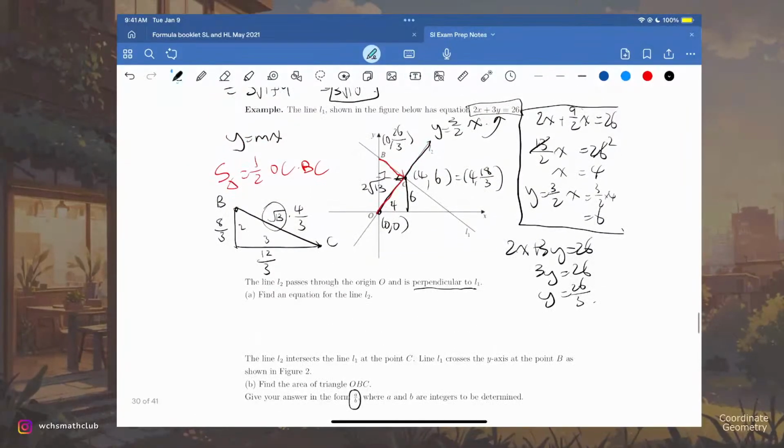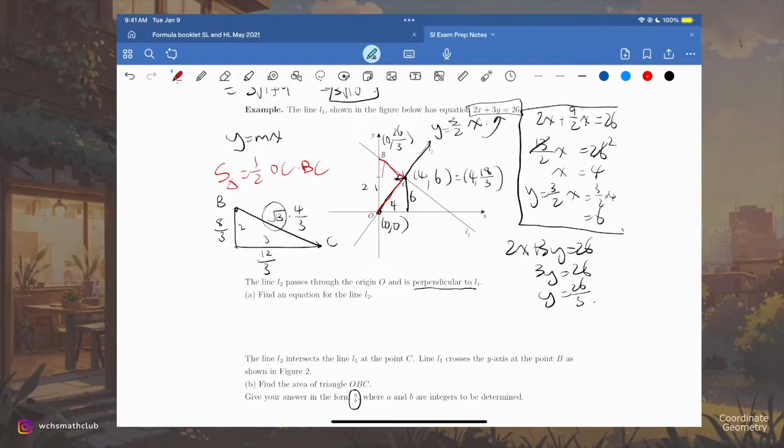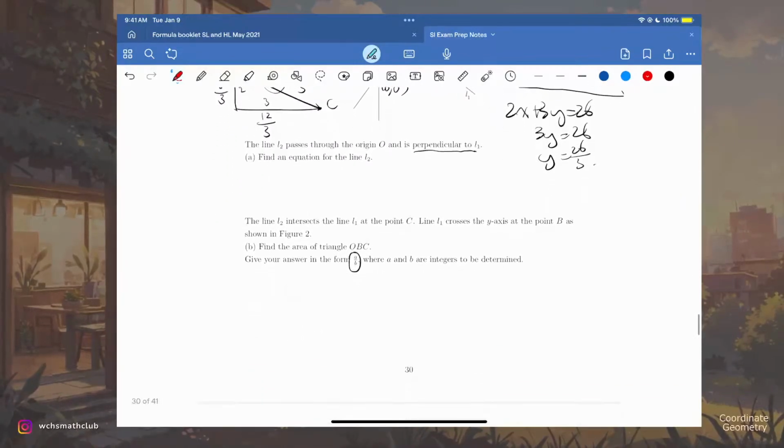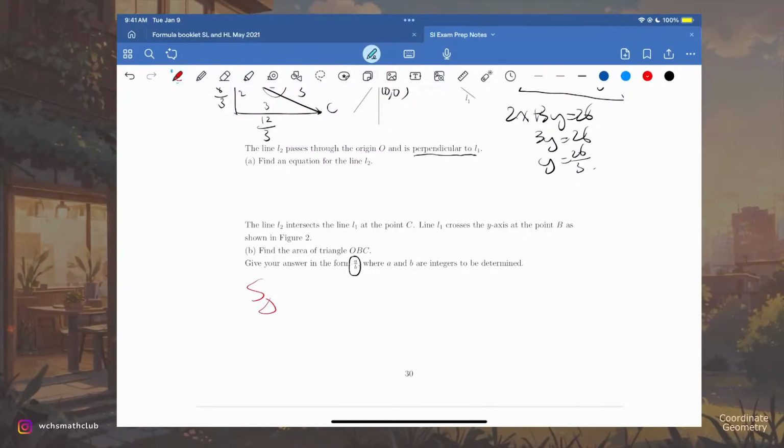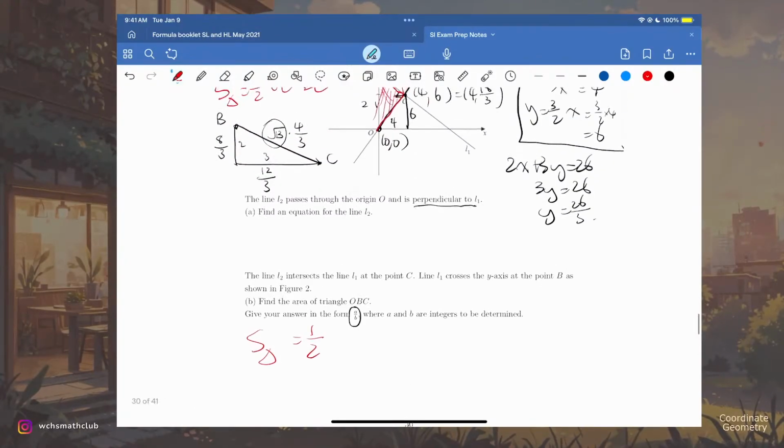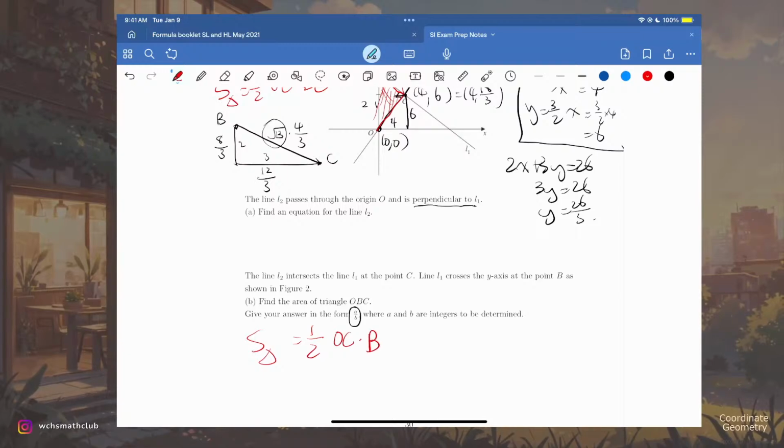So as I said here, we can compute the area of this red section now. Okay, so area of the triangle equals 1/2 OC times BC.